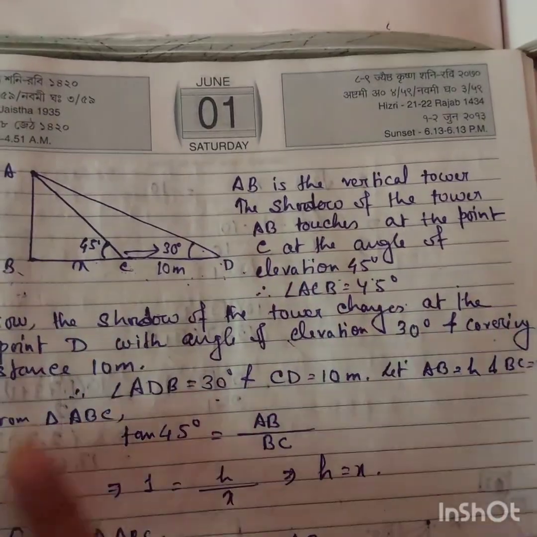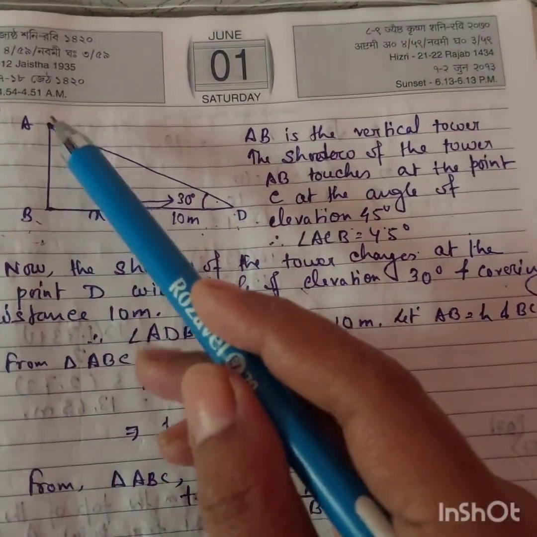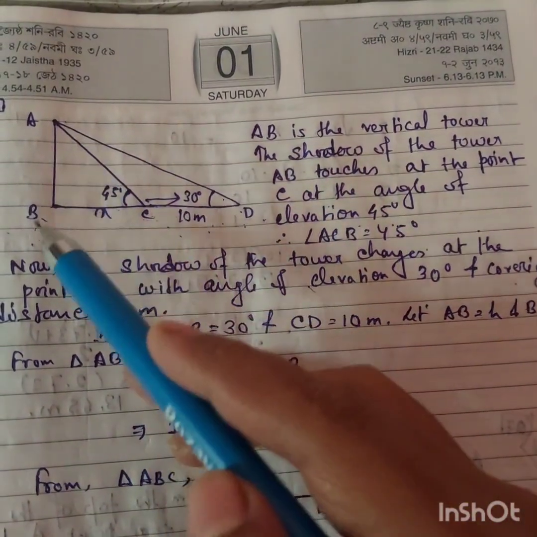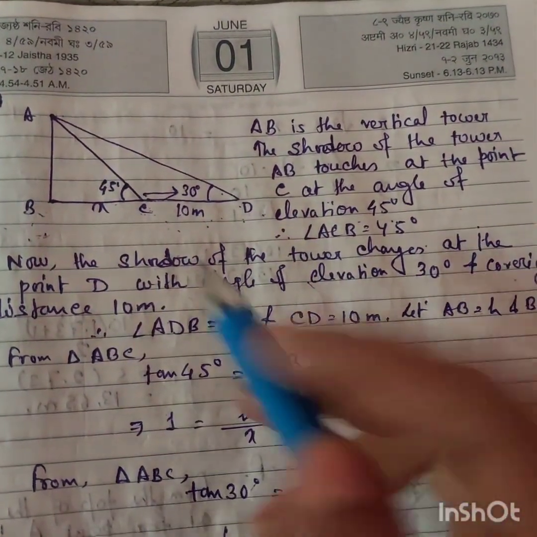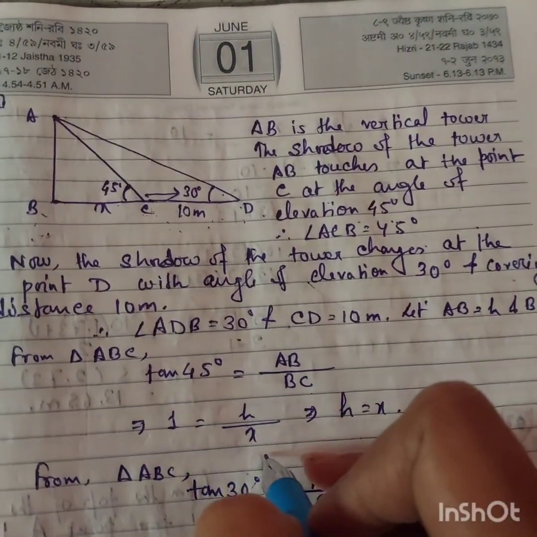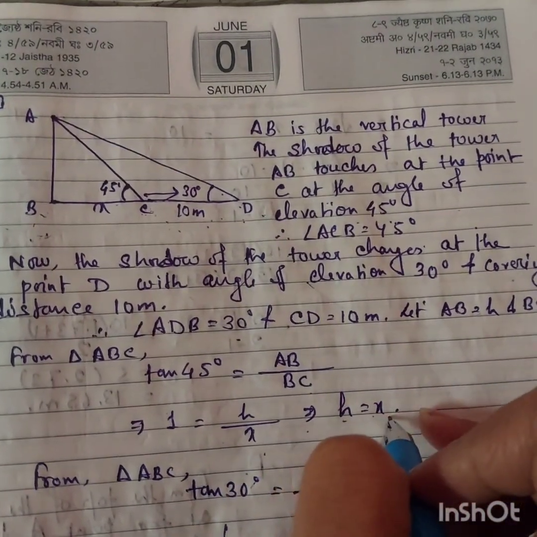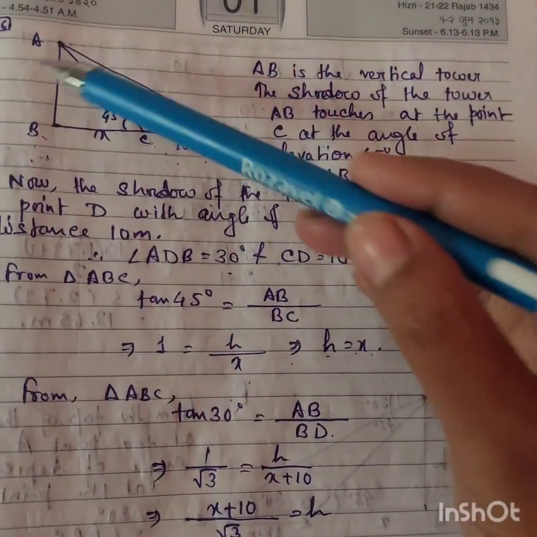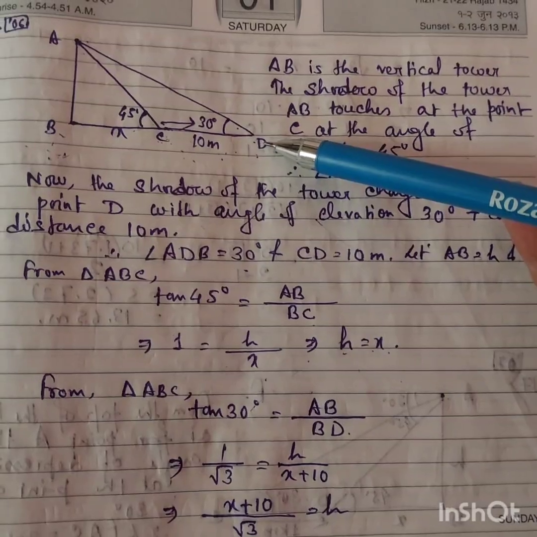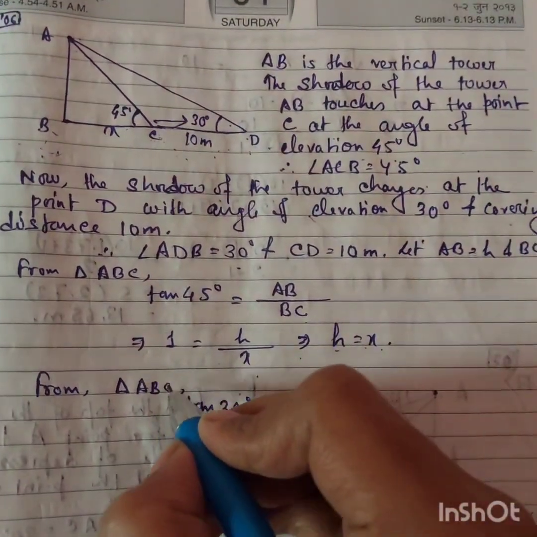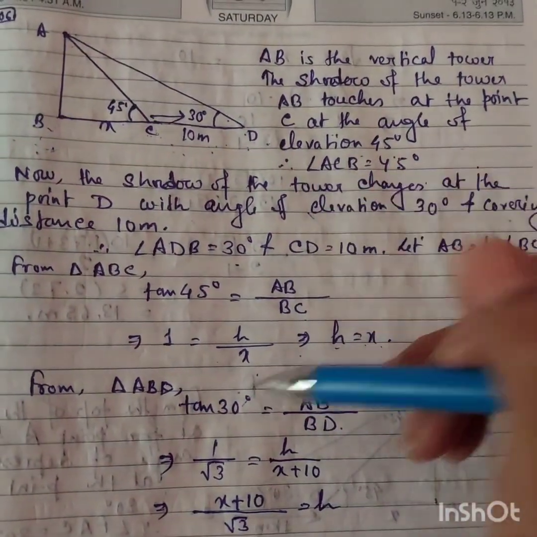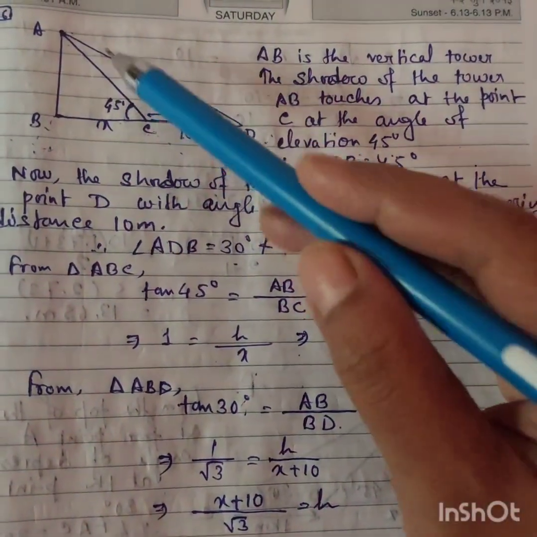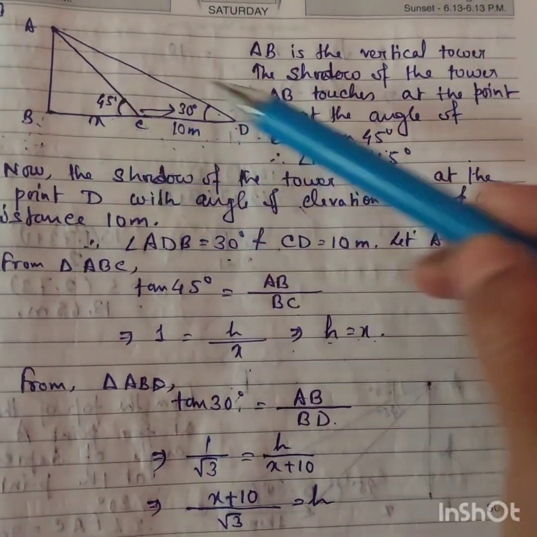Because these are unknown. From the triangle ABC, tan 45 degree is equal to perpendicular by base, AB by BC, that implies 1 is equal to H by X, that is H equal to X. Now from the triangle ABD, tan 30 degree is equal to perpendicular by base, perpendicular is AB, base is BD.